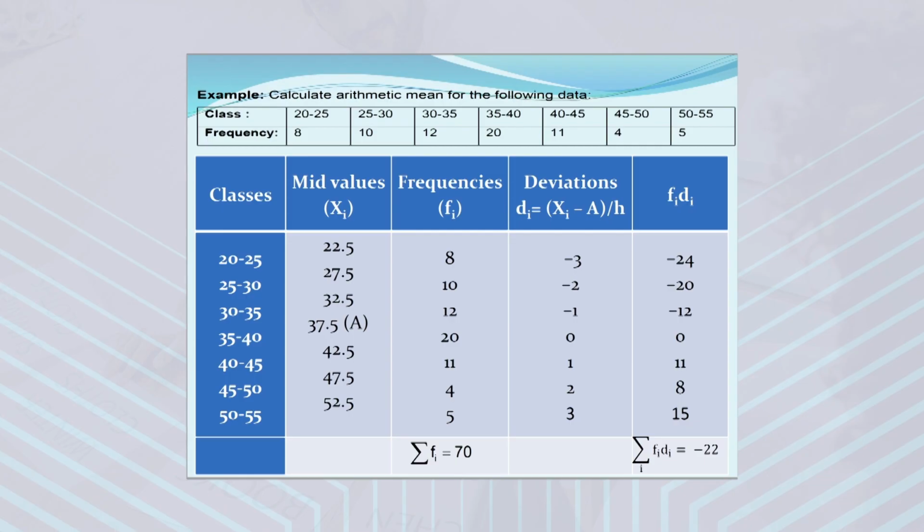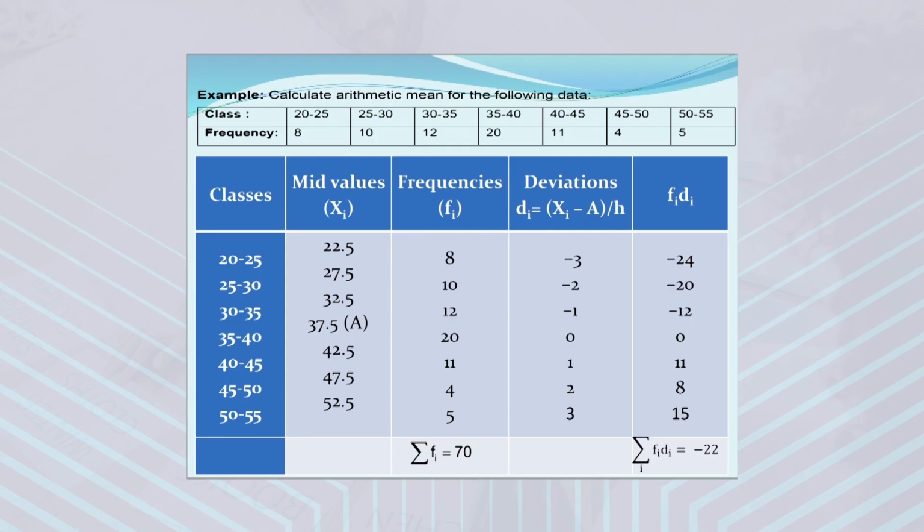Now, in the next column we have calculated the product of these deviations with the corresponding frequencies, and the total of the product of f and d is calculated, that is minus 22, and summation fi is 70.